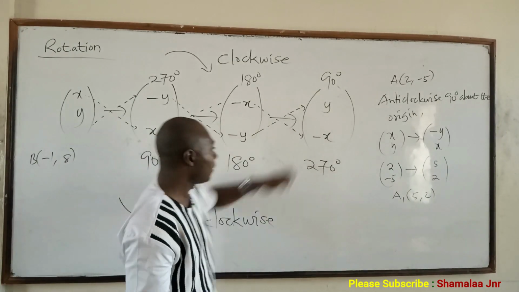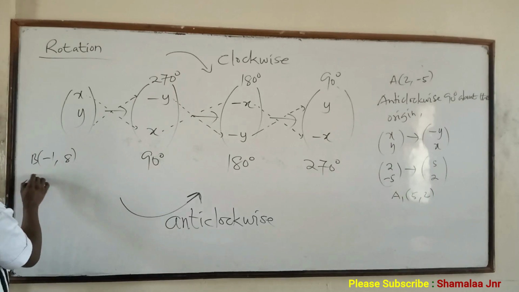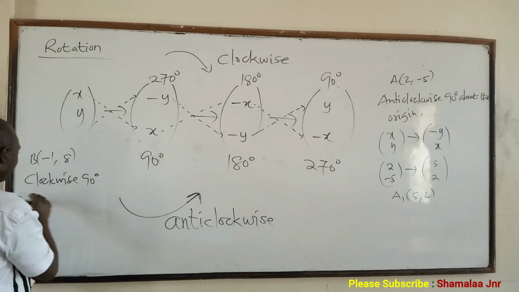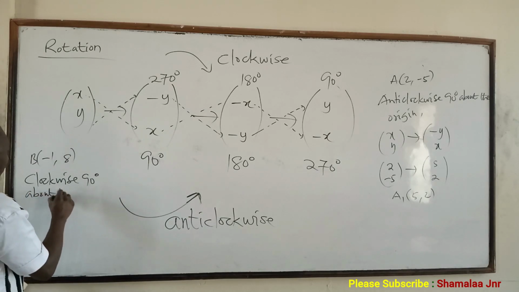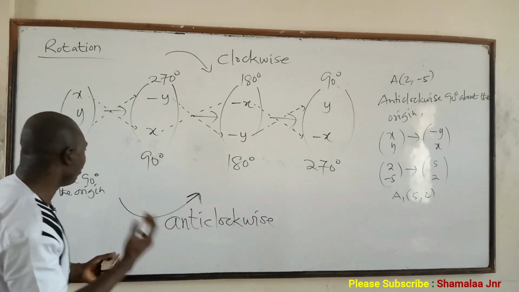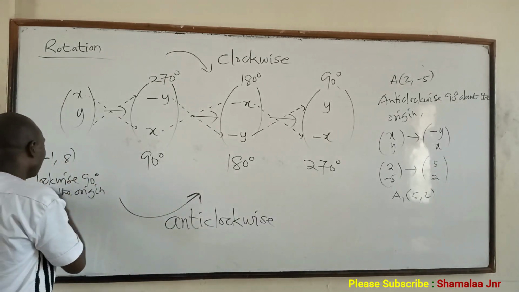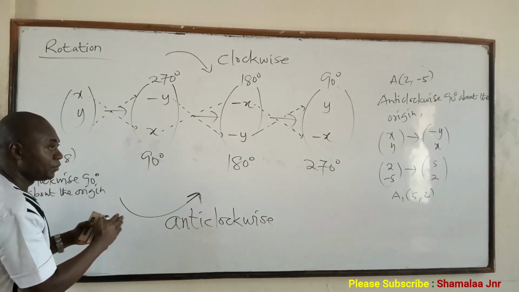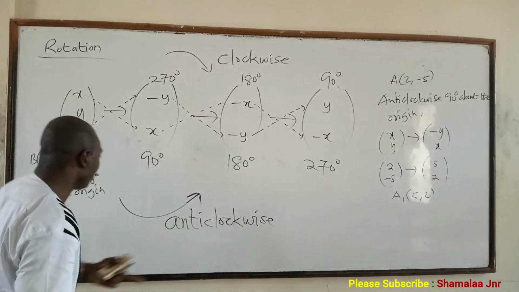So this one is saying clockwise 90 degrees about the origin. Yes, they always say find the image of the point under a clockwise rotation of 90 degrees about the origin, or through 90 degrees about the origin.